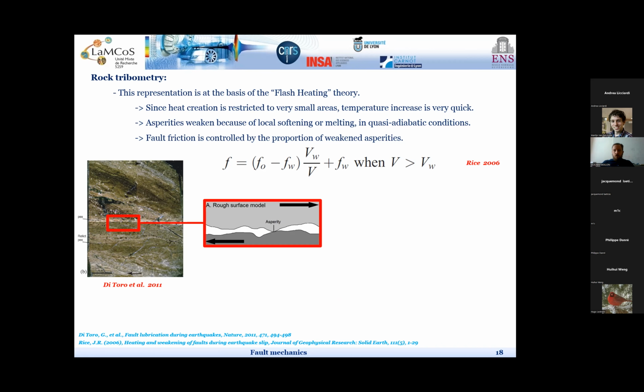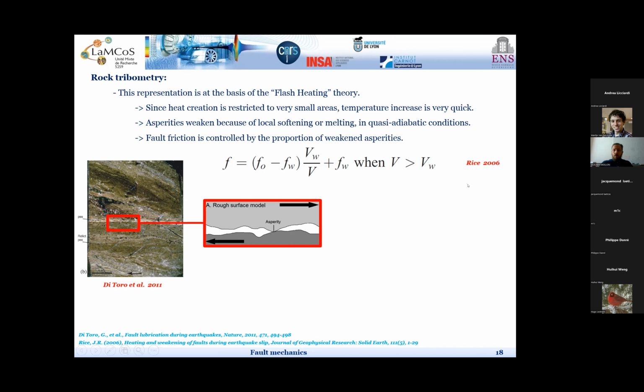And because of this quick temperature increase, the asperities will weaken because of local softening or melting, any phenomenon which weakens the asperities under high temperature. And this would control the fault friction, because the proportion of weakened asperities will decrease the friction in the fault.